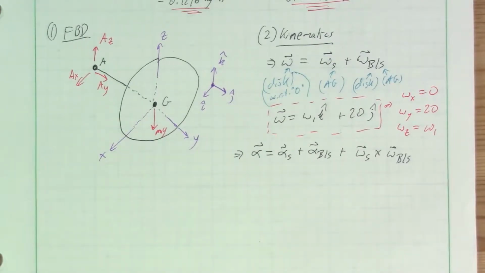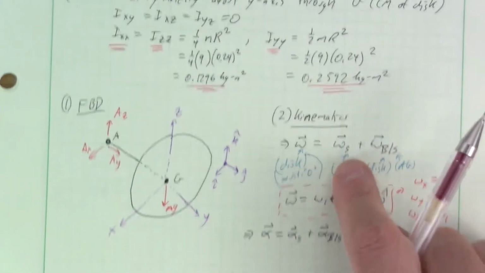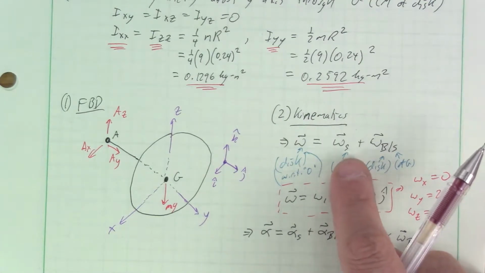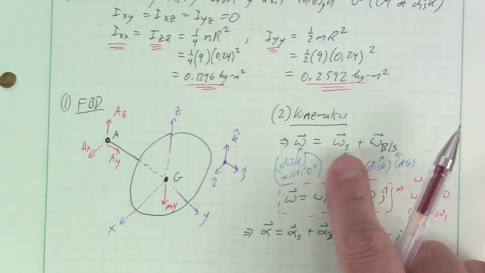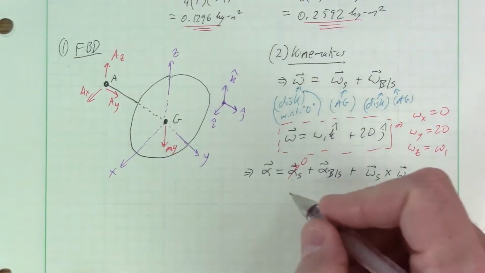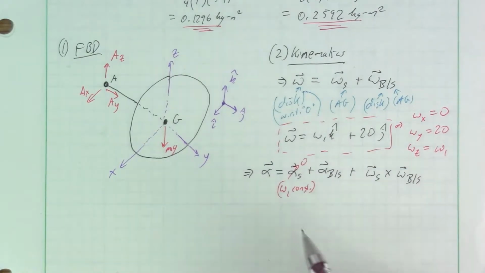Okay, let the math do the work here. The angular acceleration of s is the time derivative of omega s. Well, omega s is just omega 1, which we know to be constant. So that is 0 because omega 1 is given as a constant. Well, we don't know what the value is, but we know it's constant.